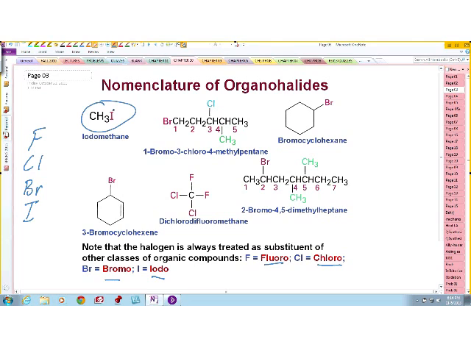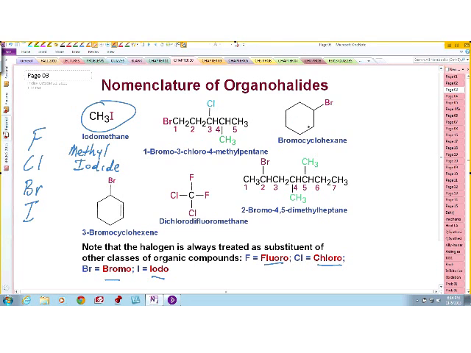For example, you have this molecule here, iodomethane. That would be the IUPAC name. Of course, the common name for this is methyl iodide. That would be the common name, in which all you do is simply give the name of the alkyl group and then the name of the halogen.